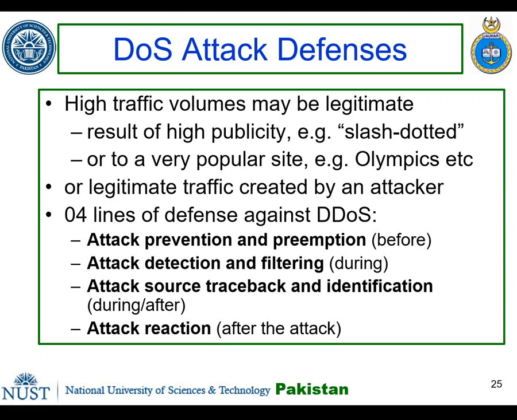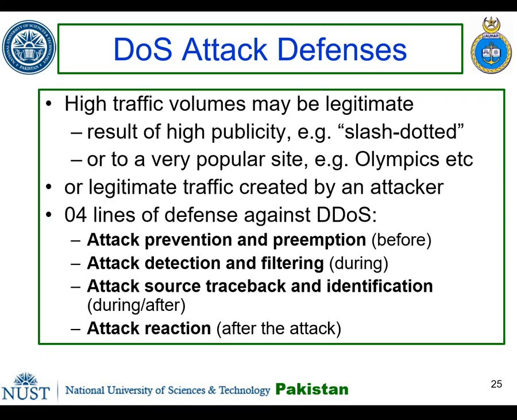These mechanisms enable the victim to endure attack attempts without denying service to legitimate clients. Second is attack detection and filtering during the attack. These mechanisms attempt to detect the attack as it begins and respond immediately.